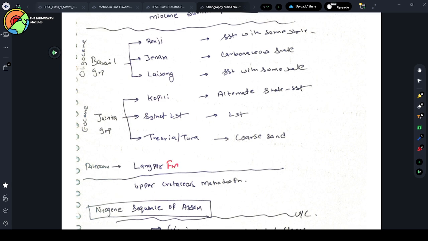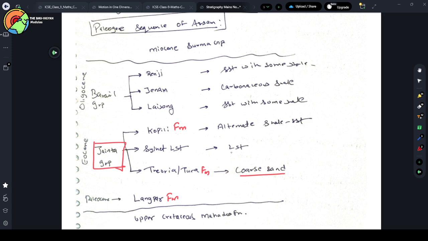Okay, then we have Jaintia group, which is a part of Eocene. It has three formations in that: Therria or Tura formation, Sylhet limestone, and Kopili formation. So this Tura formation is basically coarse sand, Sylhet formation is limestone, and Kopili formation is alternate shale and sandstone.